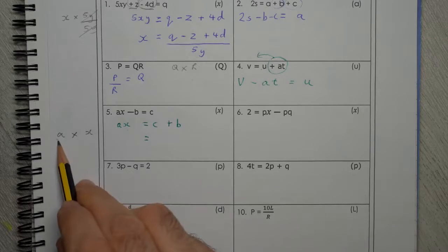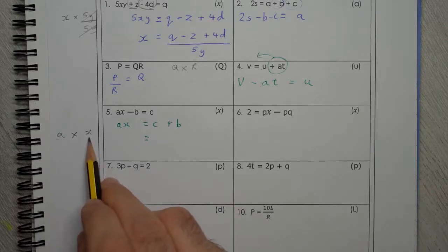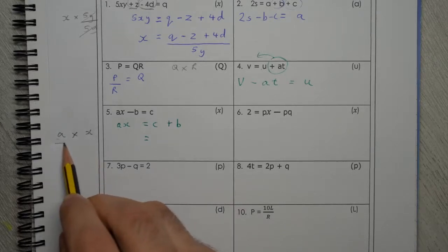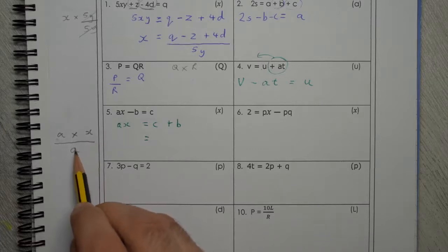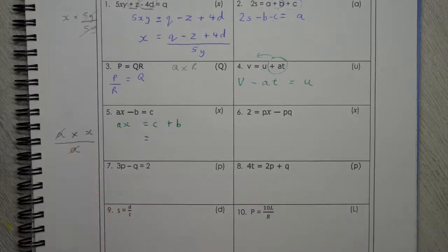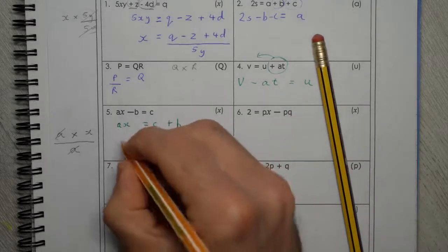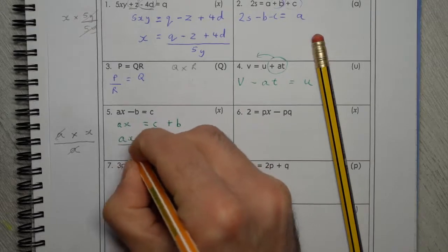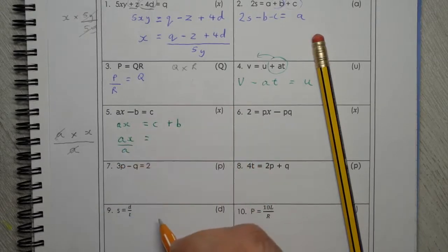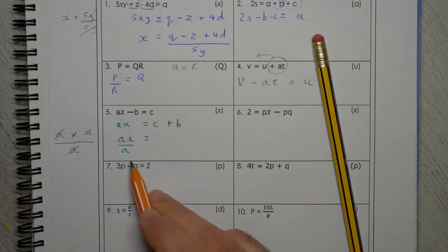To remove a, because we want x on its own, we have to divide by a, so that they will cancel out each other. But since it is an equation, what we do on this side, we must do also on the other side. So what we're doing here is like we're doing ax on a. But there's no need to write it this way, okay? But just to explain to you what we're doing.